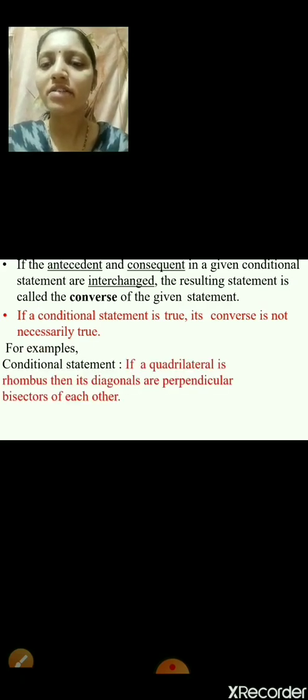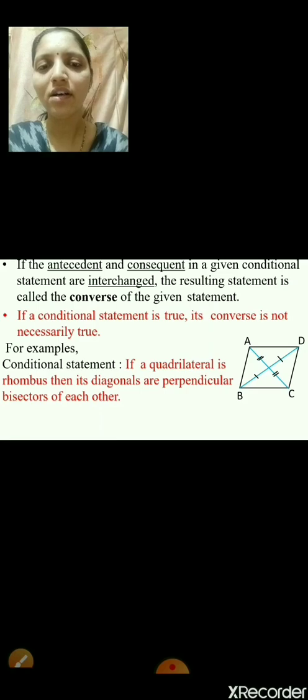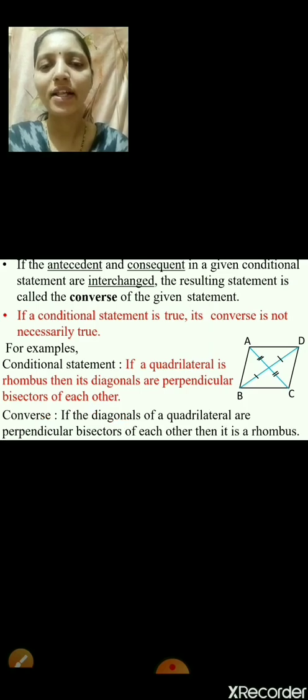The conditional statement is, if a quadrilateral is a rhombus, then its diagonals are perpendicular bisector of each other. Here I have drawn one rhombus, that is quadrilateral ABCD, and the diagonals of this rhombus are perpendicular bisector. Bisector means the diagonals are divided into two equal parts.